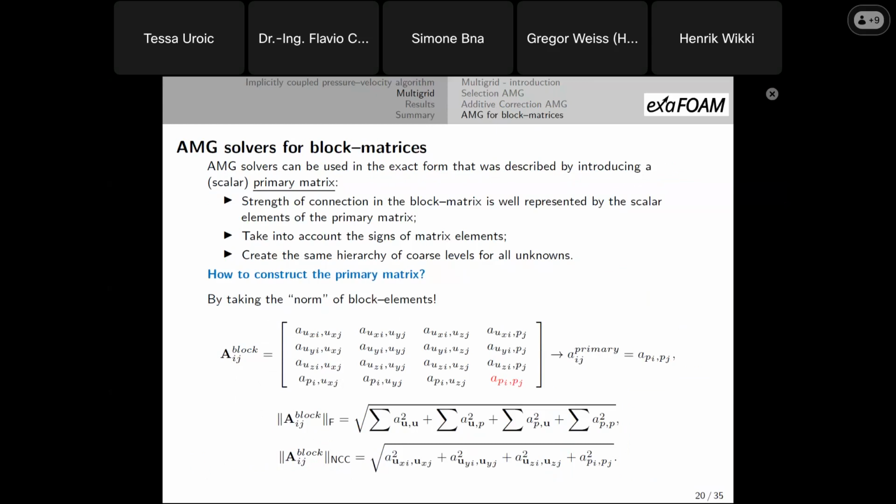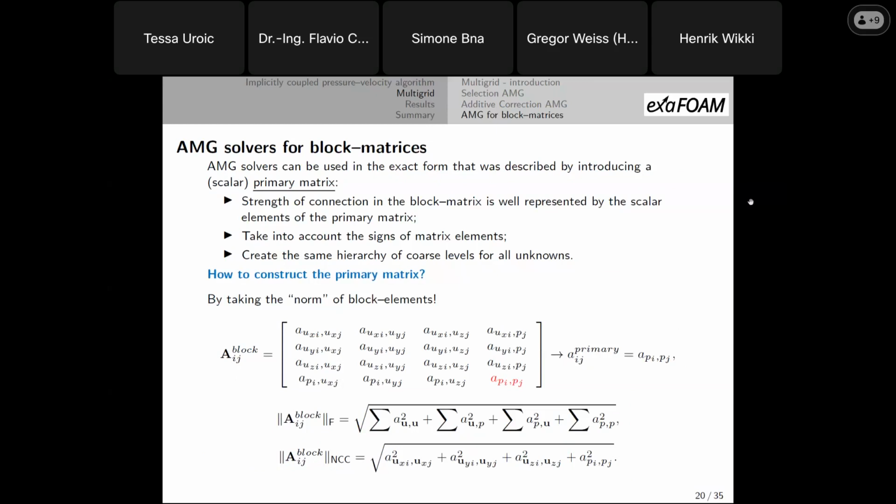For block matrices, I have been talking about scalar matrices up until now for AMG. The idea is just to create a scalar matrix which will represent in a certain way our block matrix, and we will do coarsening on this scalar matrix.